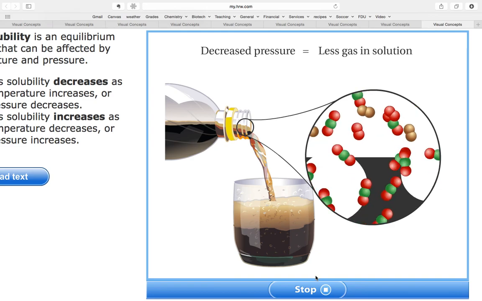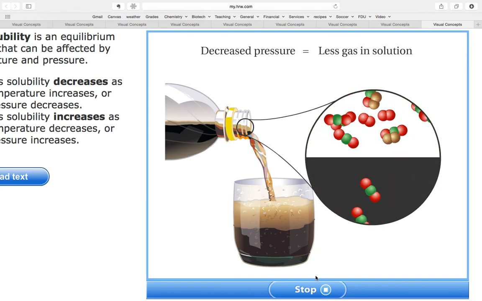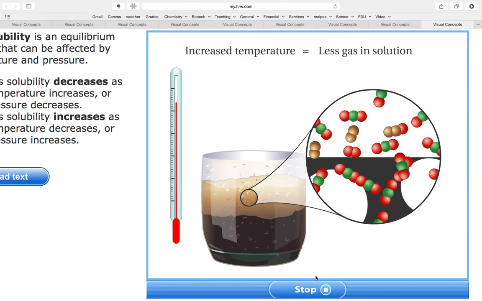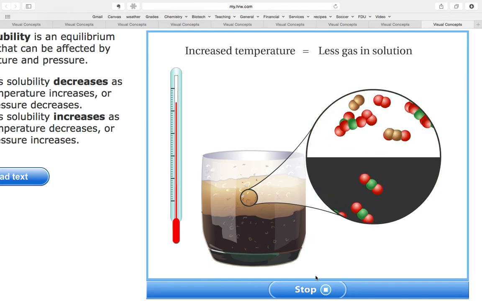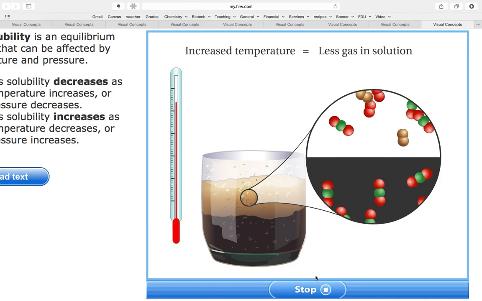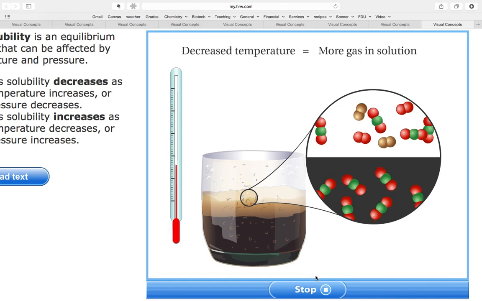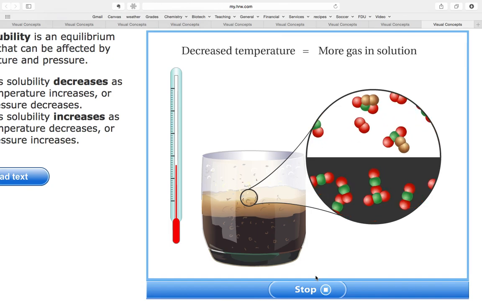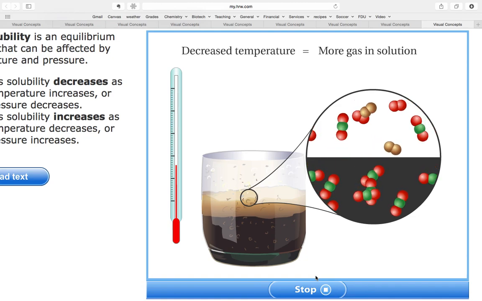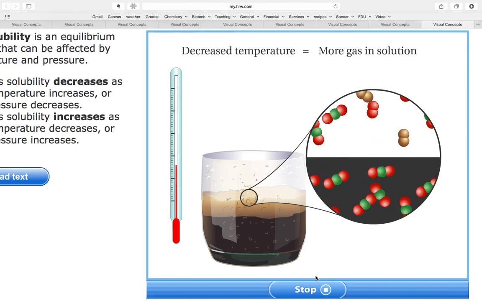Consequently, the carbon dioxide rapidly fizzes out. On the other hand, if we increase the temperature, the molecules in the liquid have more energy and move faster, making it easier for the gas molecules to escape the solution. If we decrease the temperature, molecules have less energy and move more slowly. If gas molecules are moving slowly enough, they will not be able to overcome the attractive forces of the solution.